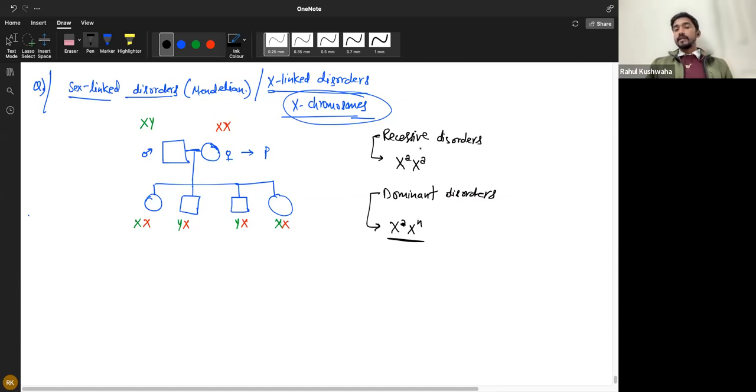But if a disorder is recessive, then a female with one affected X and the other normal N will be a carrier for the recessive sex-linked disorder. You know why? Because it has one copy which is normal, correct? Yes.